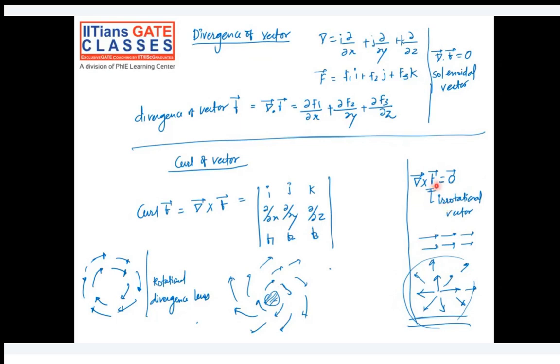Look at this, let's say a solenoidal vector field. In this case you can say it's not diverging. I hope you understood how divergence and curl are helpful for us to visualize the vector field. Any doubt in this? Is it clear to you how the divergence of a vector and curl of a vector can be calculated?